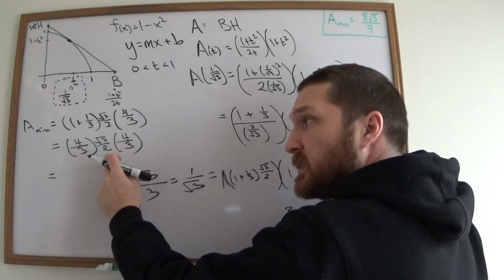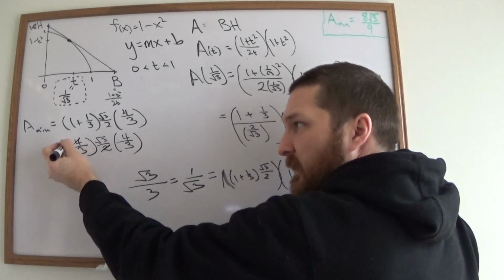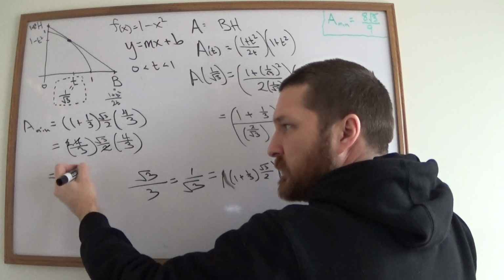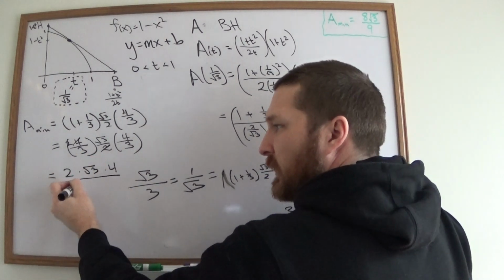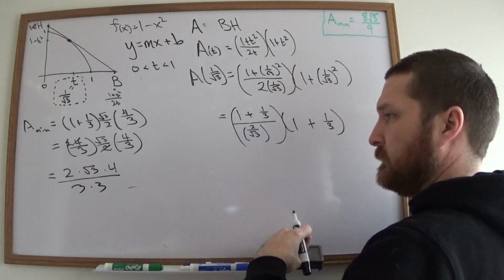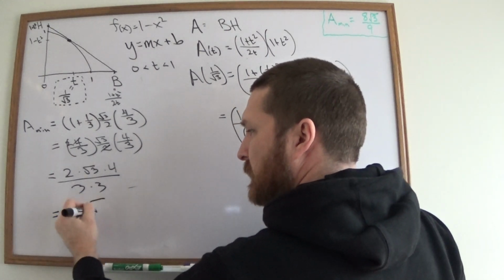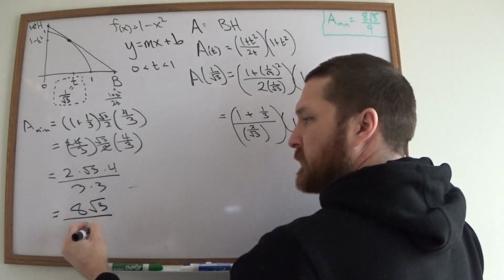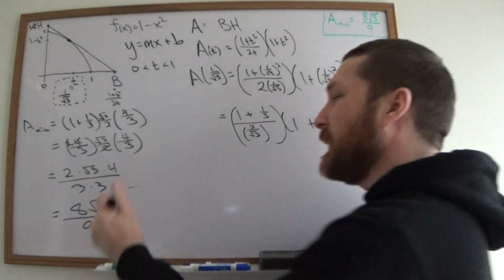Now I do see a good cancellation: 2 and 4, you can divide that out. So we have 2 times root 3 times 4 on the top, and on the bottom, we're left with 3 times 3. 2 times 4 is 8 times root 3, and 3 times 3 is 9. Is that what we got? Lo and behold, it is.